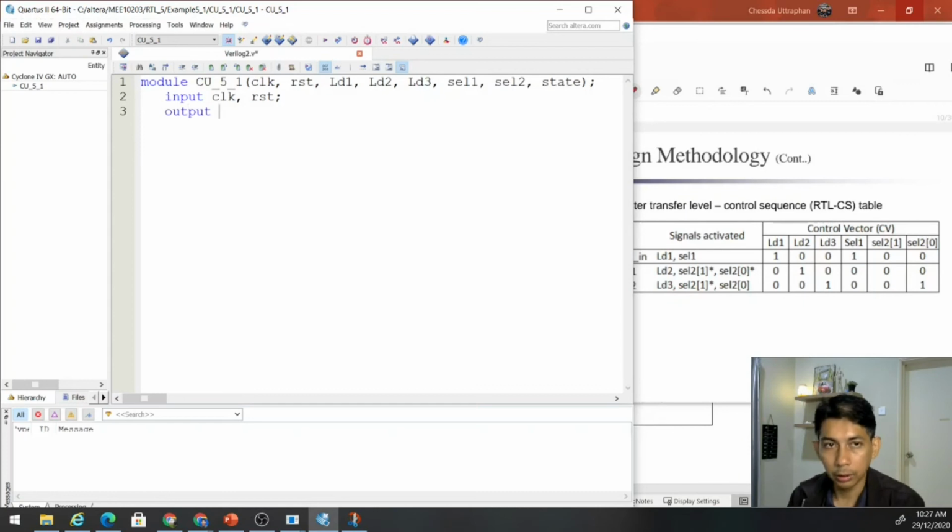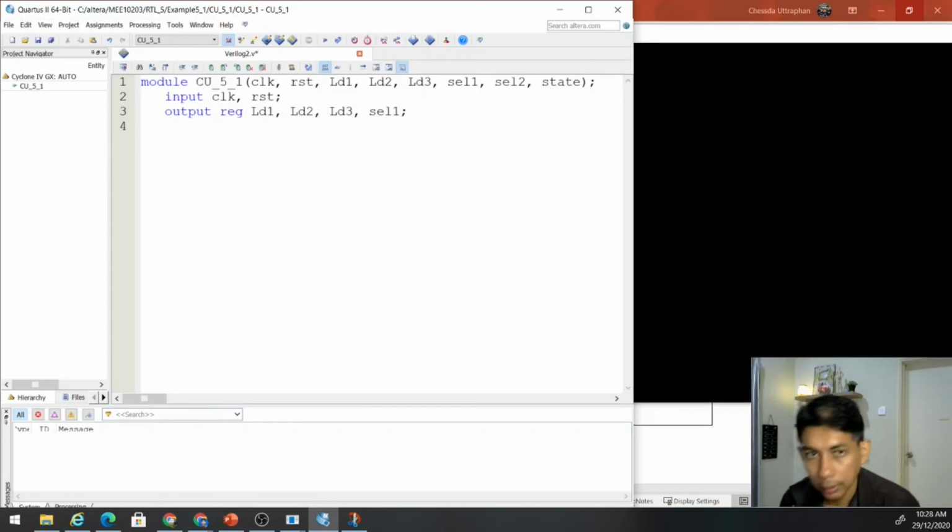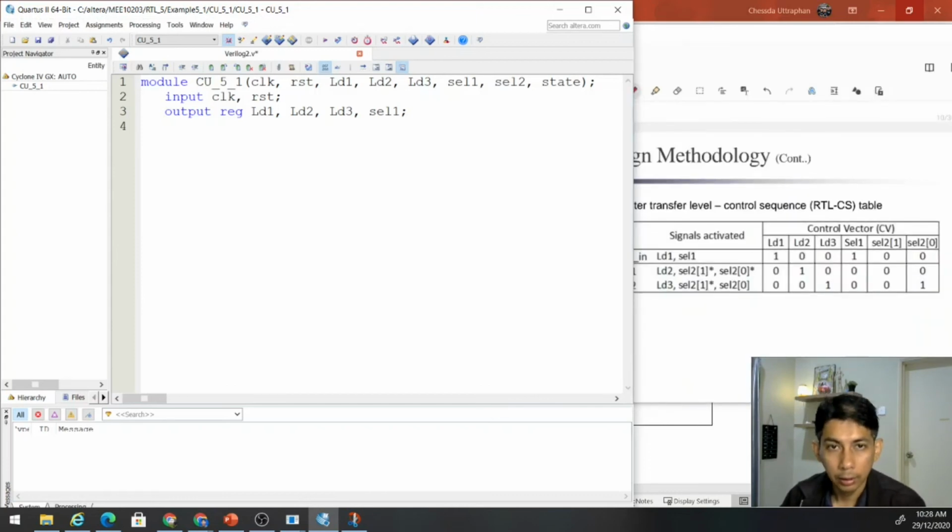The output, we have this 1-bit output, and we have a 2-bit output, and this should be in reg data type also, because we will describe using behavioral modeling.